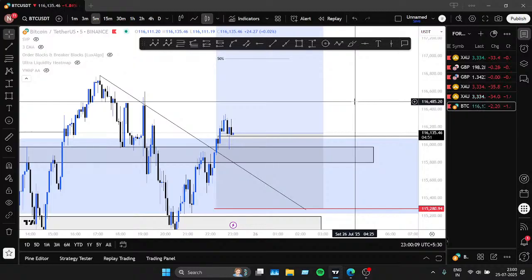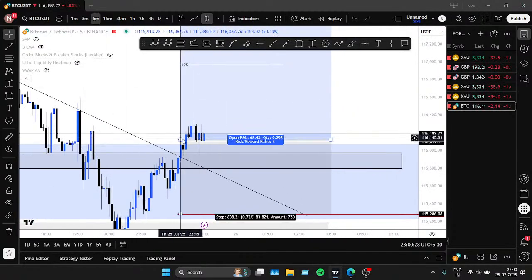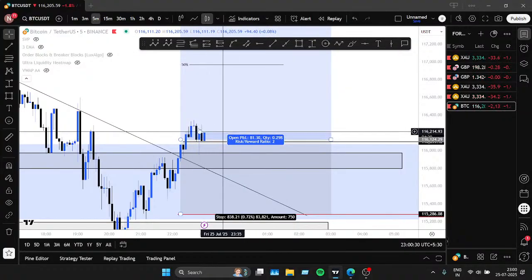Looks like it. Maybe BTC might be doing a consolidation and once again giving us a good breakout to the upside.